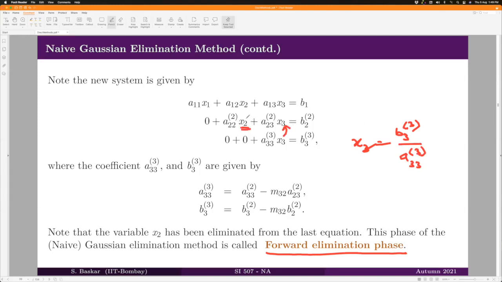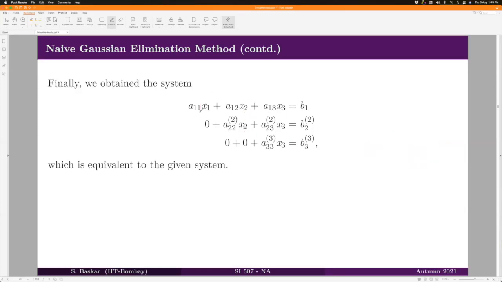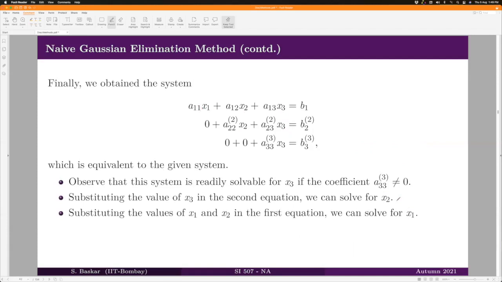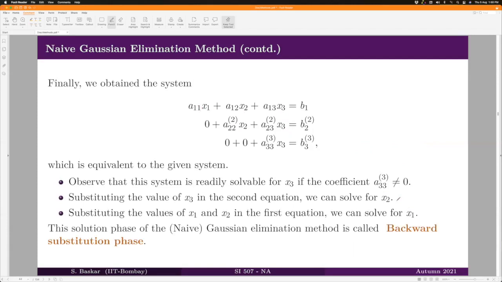Once you get x2, then substitute x2 and x3 into the first equation and get x1. And that is how you get the solution. And this is called the backward substitution. For that, you observe that first you have to assume that a33 is not equal to 0, and then you can do the back substitution as I told you. So that gives you the solution.